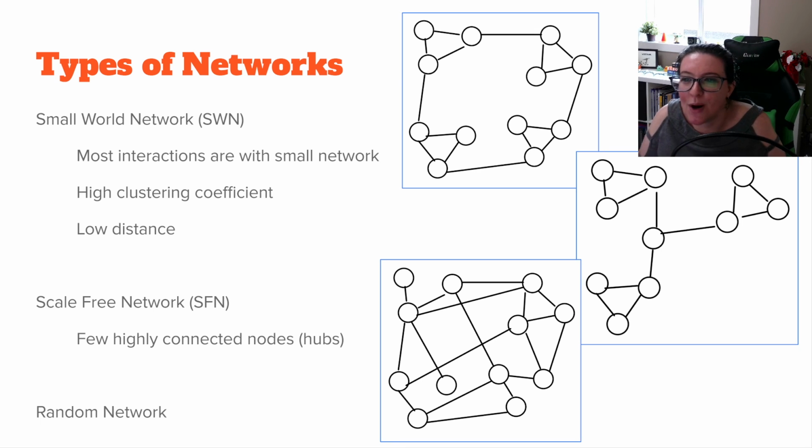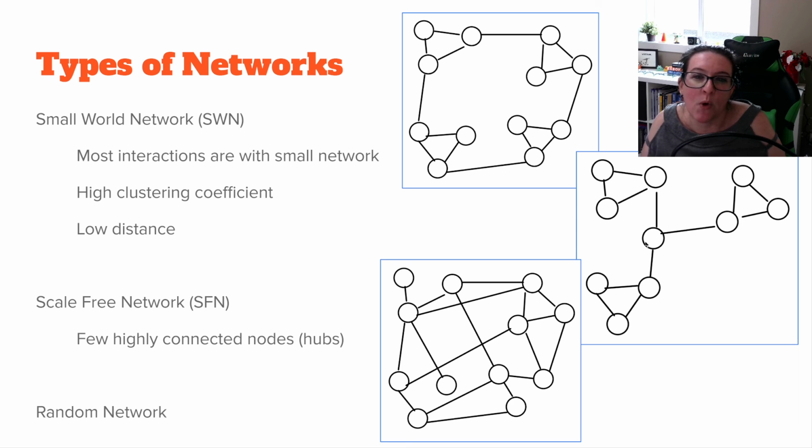Now, network and graph models are becoming more and more popular. In fact, there's a whole area of neural networks that uses graph models to do it. We also are seeing the use of network models not just in supply chain and business management, but you can also use network models for image recognition and image manipulation, because we can look at how pixels and parts of an image are kind of clustered with other parts of the image and how that information kind of interacts with other parts of it.